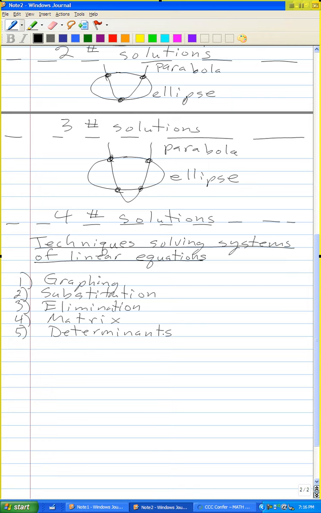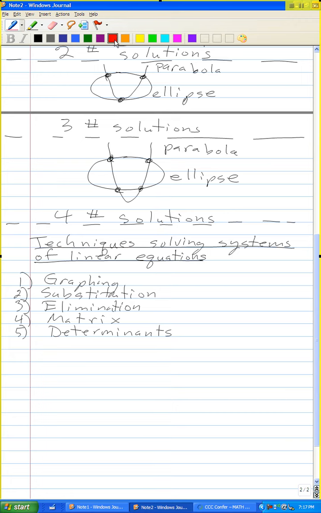If you recall, it was very difficult to actually use graphing in the case of linear equations, so in the case of nonlinear equations it'll be even more difficult. In general, you should be guided. Just like here, we were guided to know how many solutions are available, but we don't really use it as a technique.